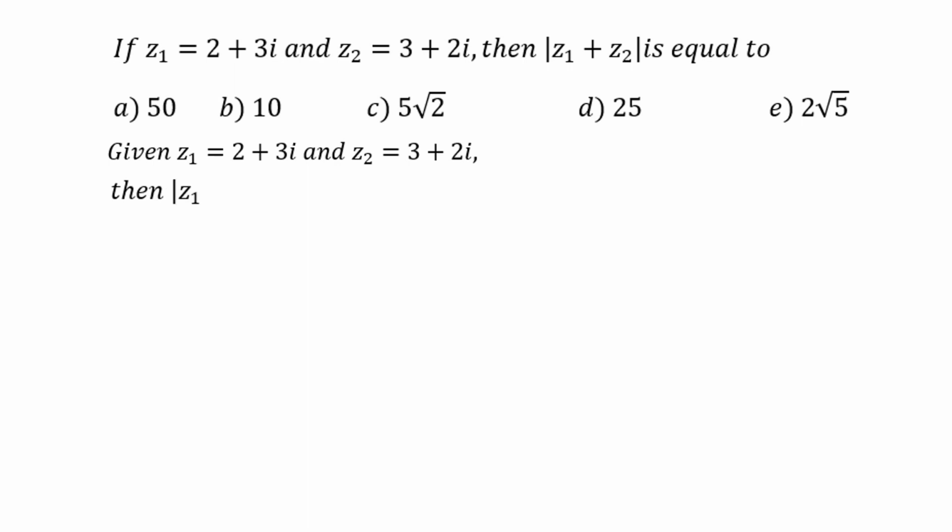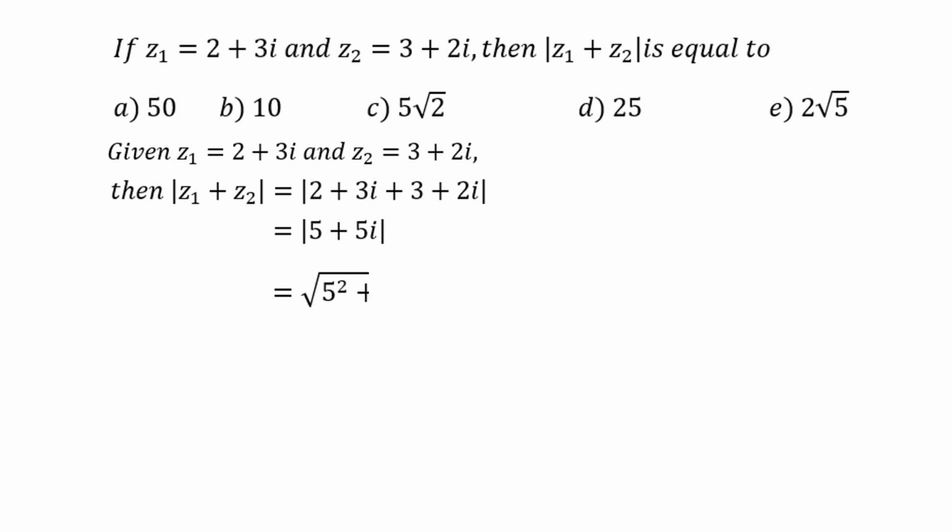So modulus of Z1 plus Z2 equal to modulus of (2 plus 3i) plus (3 plus 2i), that is equal to modulus of 5 plus 5i, that is equal to root of 5 square plus 5 square, that is equal to root of 50. This can be written as 5 root 2. The correct choice is C.